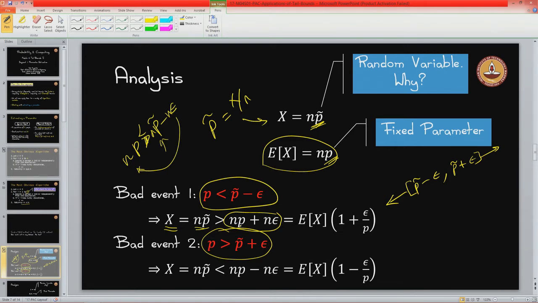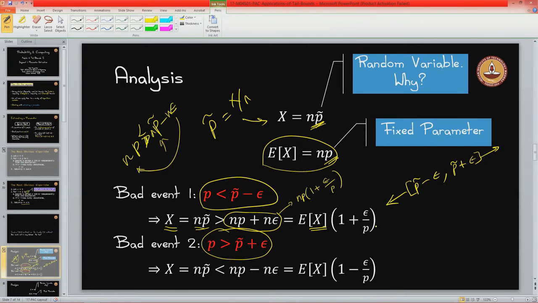All right. So, now in this you can take out n p. So, you will get 1 plus epsilon by p, but n p of course is nothing but E of x, expectation of x, times 1 plus epsilon by p.